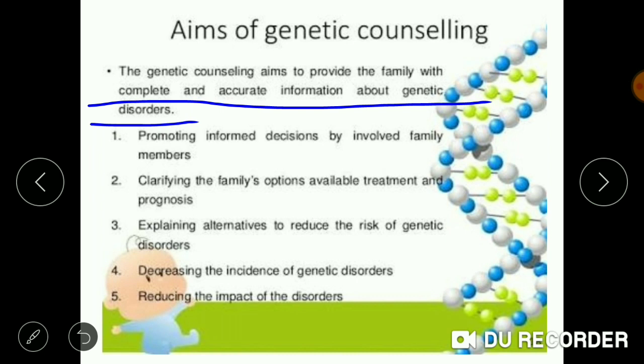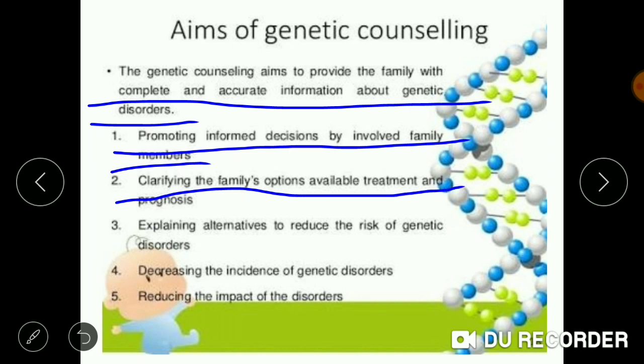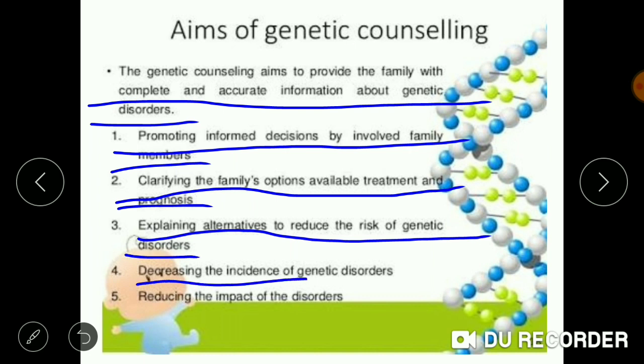The first aim is to promote informed decisions by involved family members, to clarify the family's options, available treatment and prognosis, and to explain the alternatives to reduce the risk of this disorder, to decrease the incidence of such genetic disorders, as well as to reduce the impact of disorders.